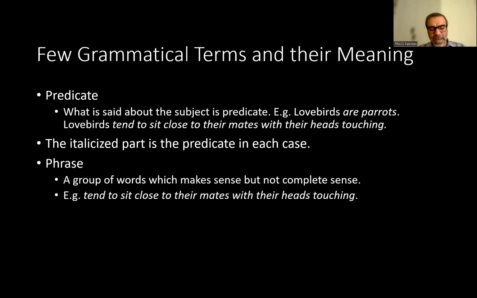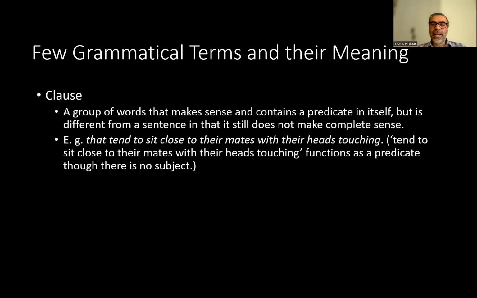The fourth important grammatical term which you must know is clause. A clause is a group of words that makes sense and contains a predicate in itself, but is different from a sentence in that it still does not make complete sense. Again, the example is "tend to sit close to their mates with their heads touching."